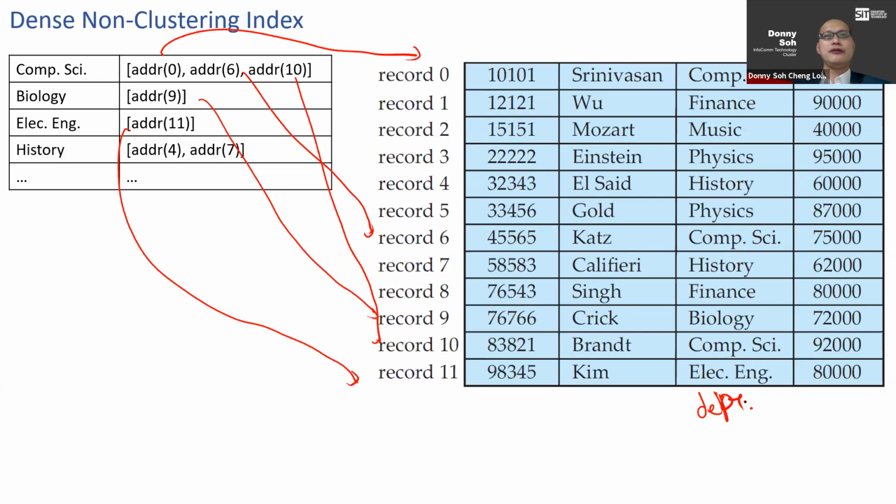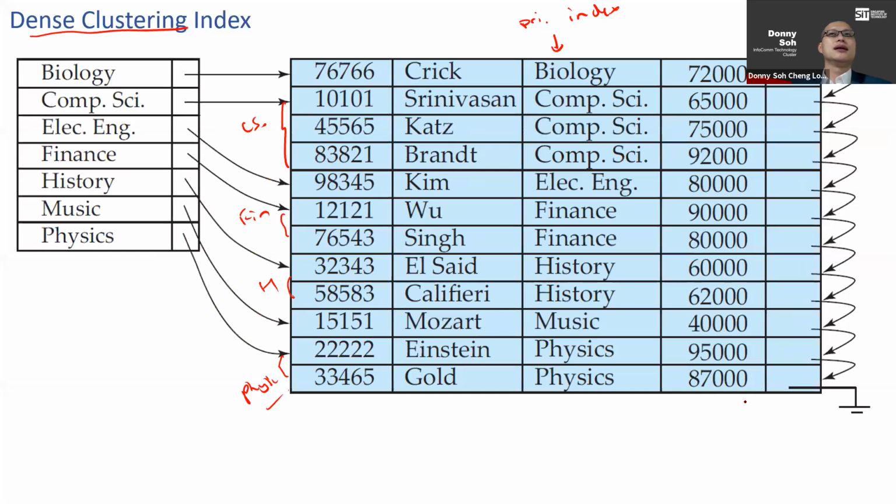Because if you have a primary index, then you probably want to use a dense clustering index. Let's say you have a primary index on my department. It is slightly better to just use the dense clustering index for this.